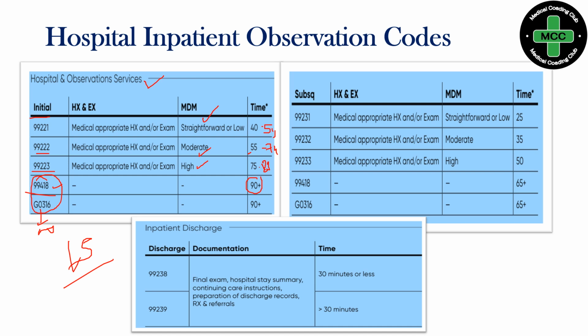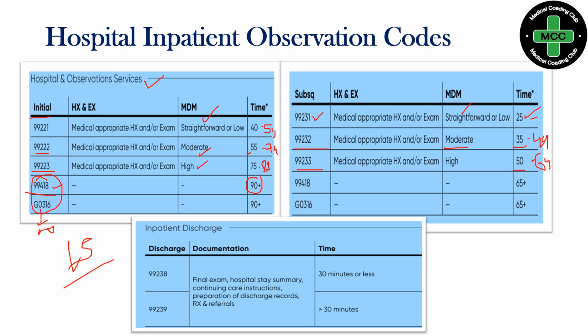The subsequent visit starts from 99231, straightforward or low, time is 25 to 34 minutes. 99232, moderate MDM, 35 to 49 minutes. 99233 is 50 to 64 minutes.